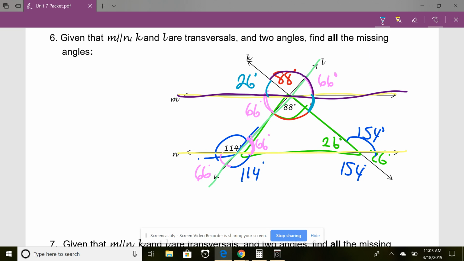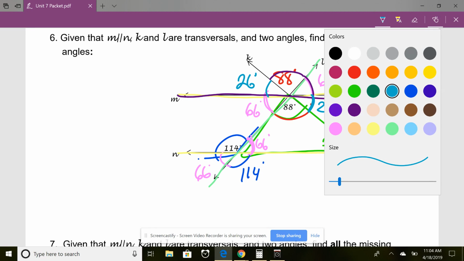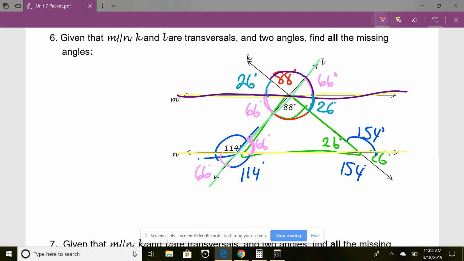And the angle vertical of that one is also 26 degrees. And all these circles should add up to 360 degrees. So make sure those numbers add up to 360 at the end.